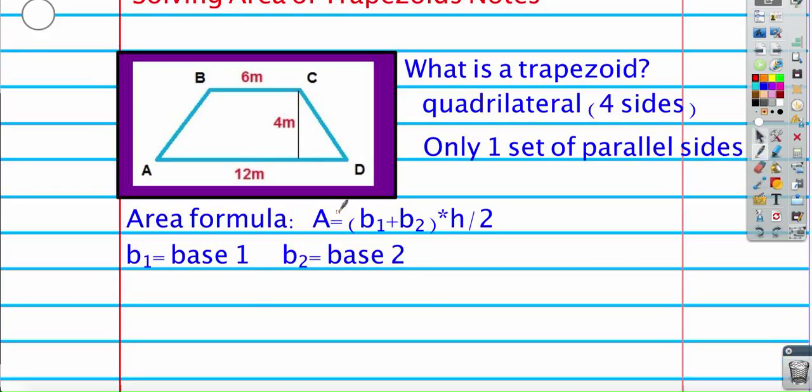So I'm going to kind of draw that out for you. So right here, well, let's point it at the actual measurement, why don't we? So this is base 1, and this is base 2. So let's work out the area to this.